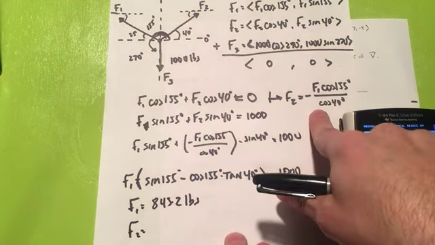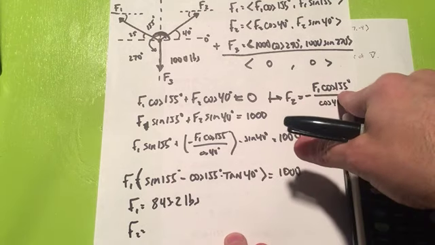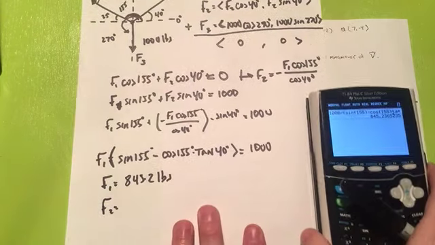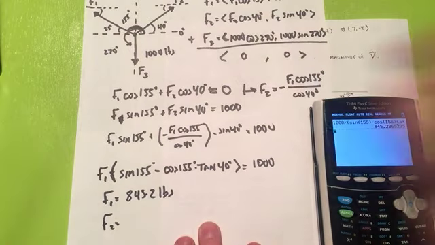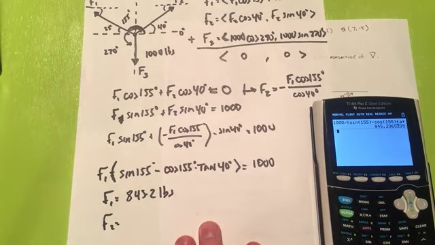Force 2 then, we've got is negative F1 cosine 155 over cosine 40. So F2 is negative 845.2636 times cosine 155 divided by cosine 40.